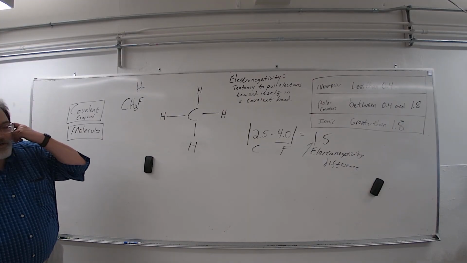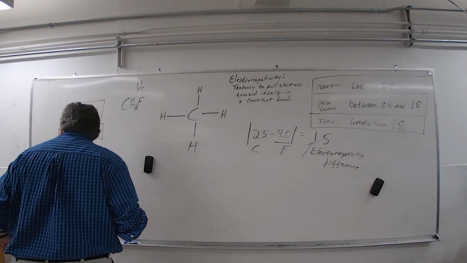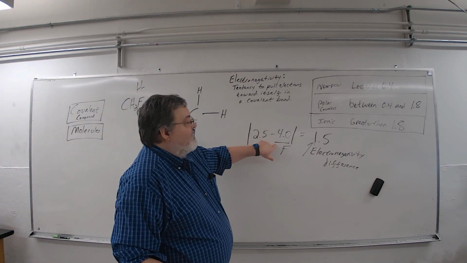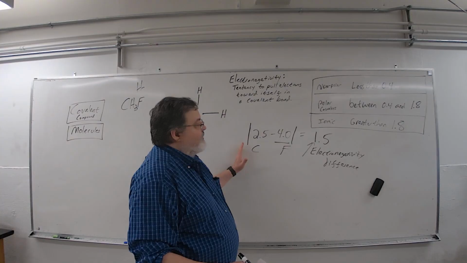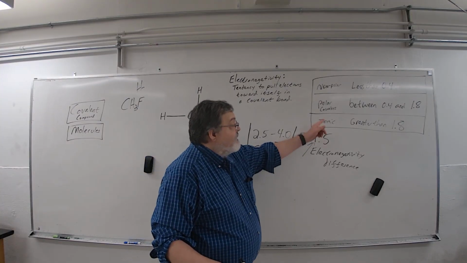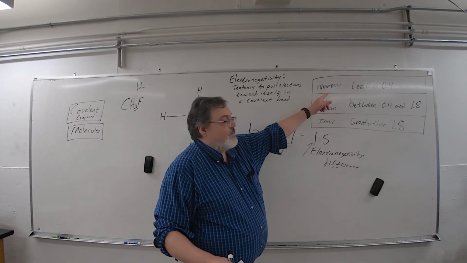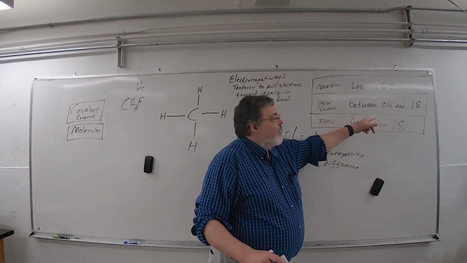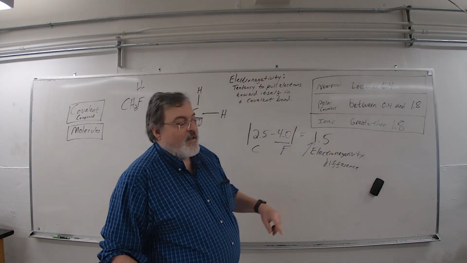So if you want to know the polarity of something, you look at the periodic table, you find their electronegativities, you find the difference, and remember it's absolute value. And you use this as your rule. If it's less than 0.4, there's no polarity in the bond. If it's between 0.4 and 1.8, it's a polar covalent bond.